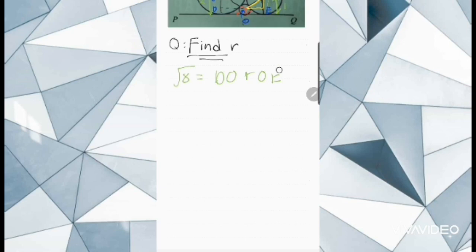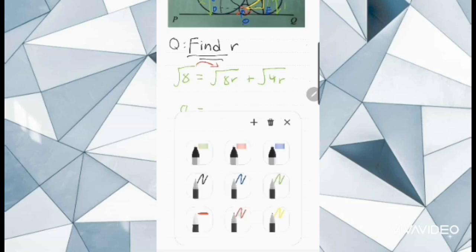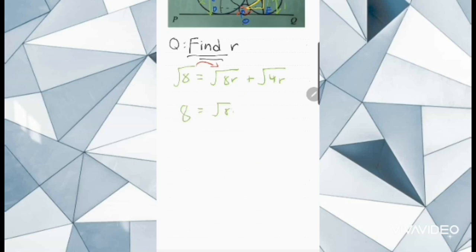So now let's substitute DO and OE into the equation. So surd 8 equals surd 4R plus surd 4R. Square both sides, and we will get 8 equals the square of surd 4R plus surd 4R, and complete the equation and you must get 12R plus 8R surd 2.